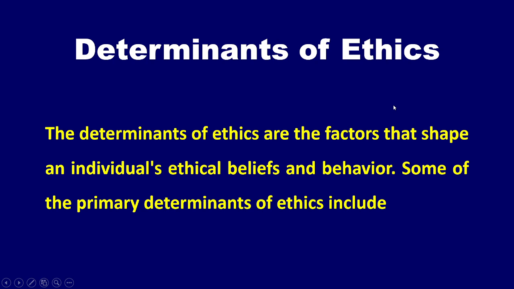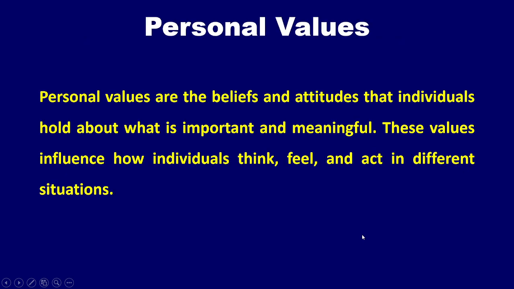With that said, let us check some of the determinants of ethics, like what determines the ethics of a person or a society. The determinants of ethics are the factors that shape an individual's ethical beliefs and behavior. What are the factors on which ethics depends?